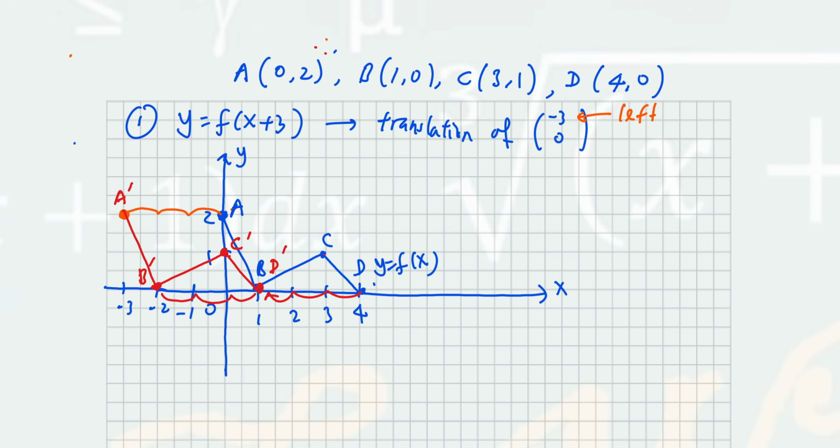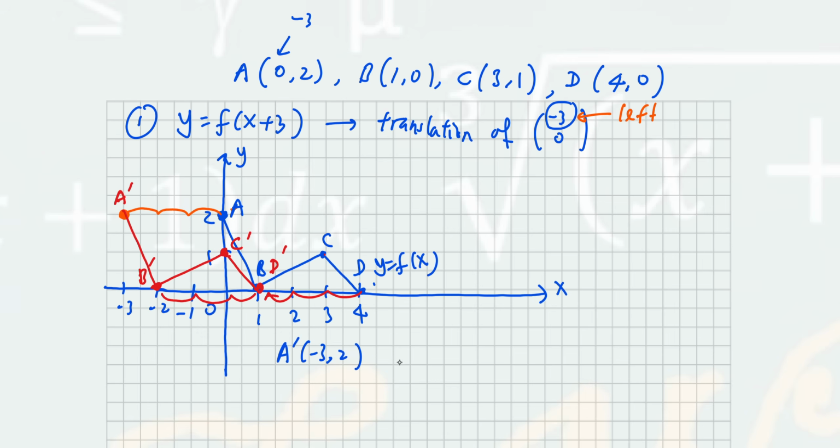Now, let's say you need to find the points without using the graph. You can just use the formula from just now. When here is minus 3, all your x coordinates, you just minus 3. That's a shortcut without using the graph. Otherwise, you can read the answer from the graph. Your A prime will be negative 3, 2.